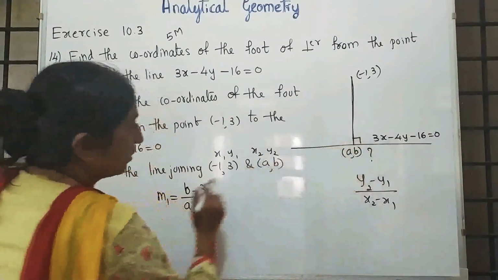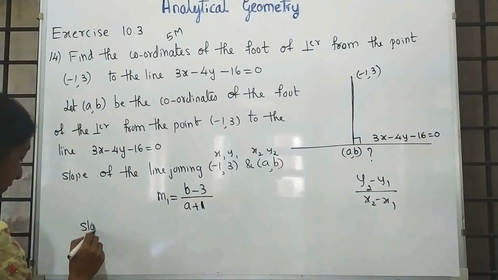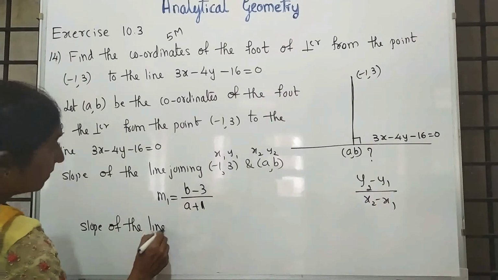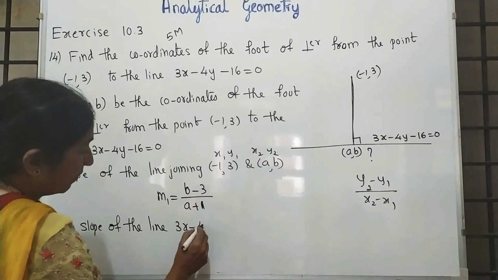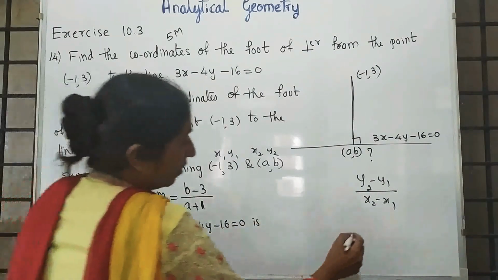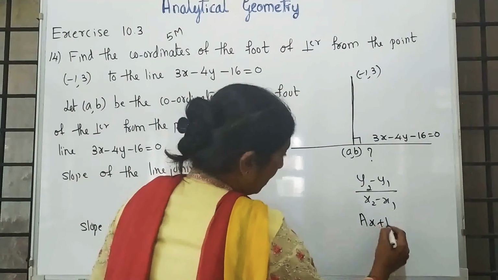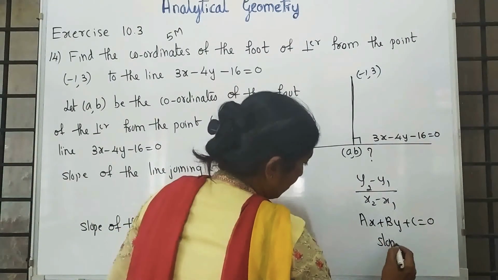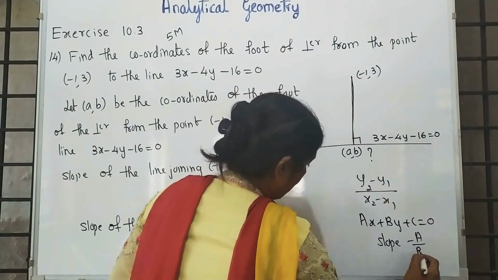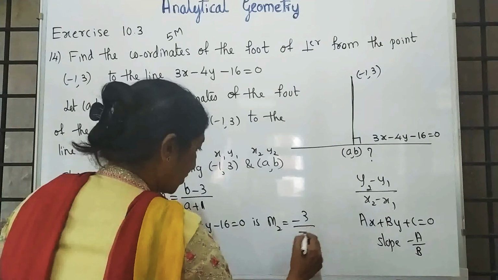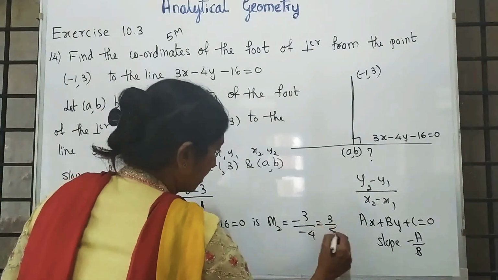And see, find the slope of the line 3x minus 4y minus 16 is equal to 0. Here also I gave the formula: for ax plus by plus c is equal to 0, slope is minus a by b. m2 is equal to minus 3 upon minus 4, that is 3 by 4.